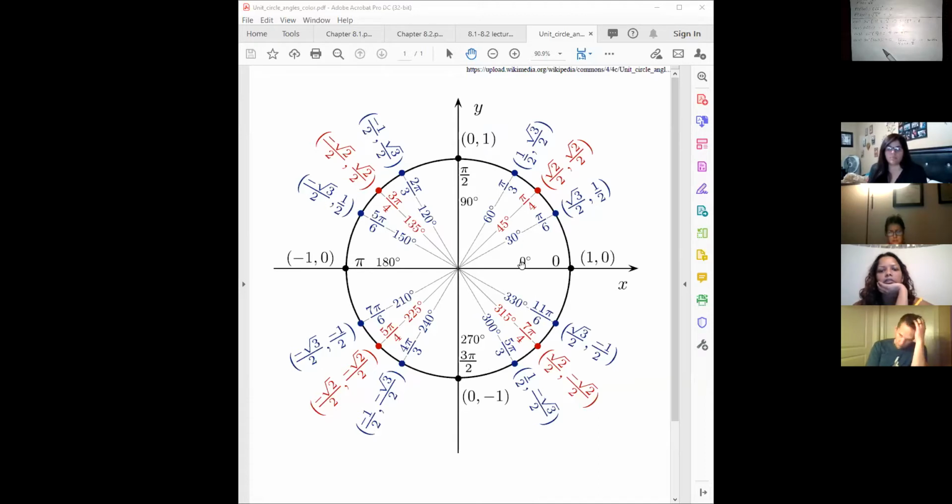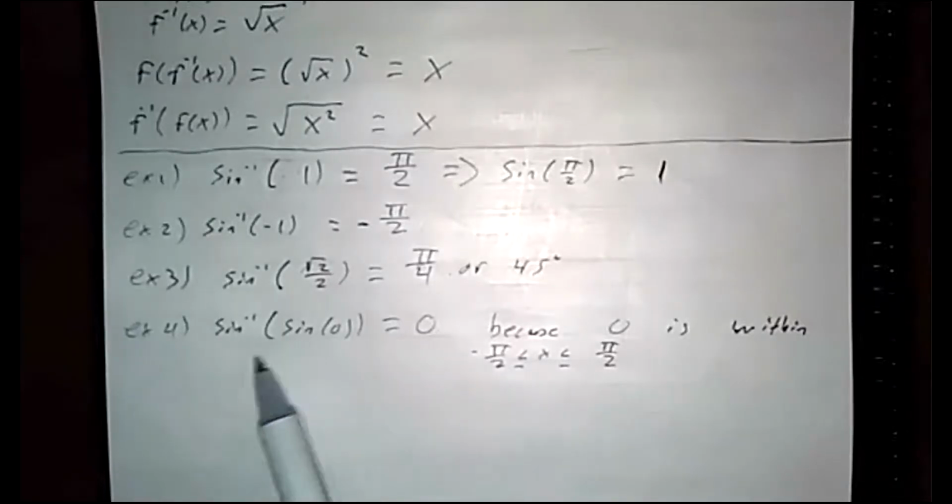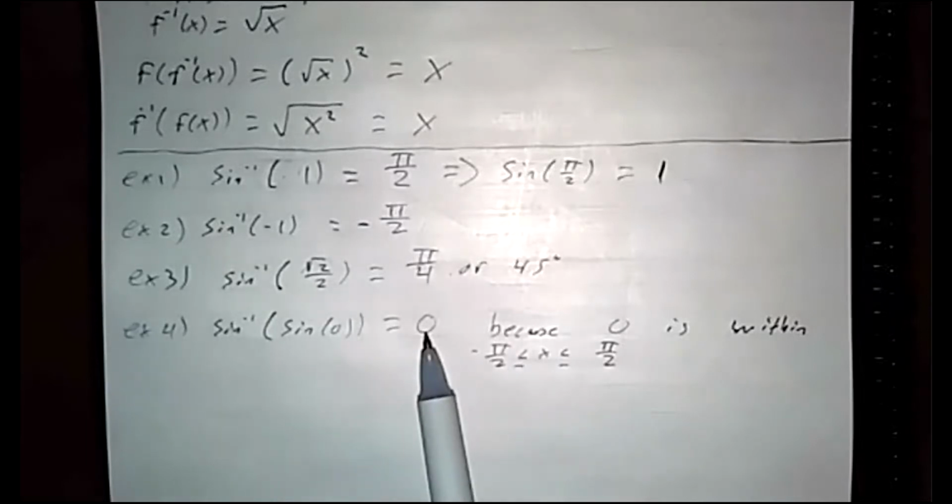Another way you can think of it is, if I go from negative 90 all the way to 90, is 0 within those values? Yes. So if it is, then you can simply say these cancel and you get a 0.